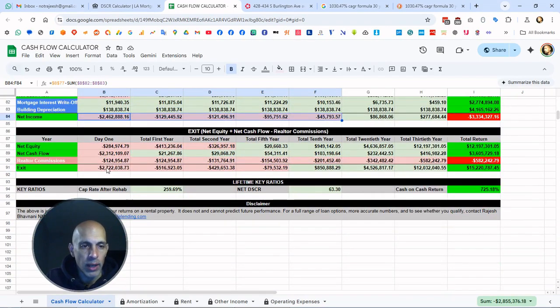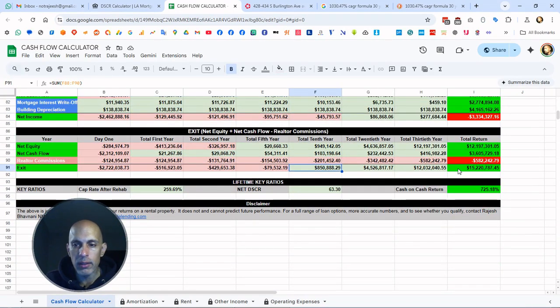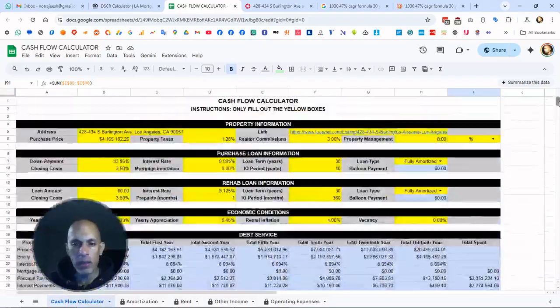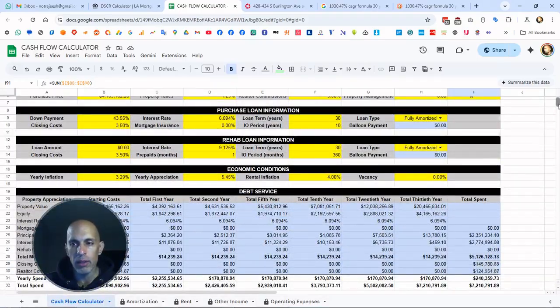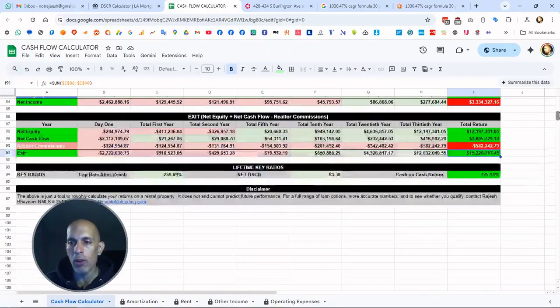And your exit strategy is 15.2 million. You're going to get the sales price minus whatever you put in, plus the cash flow, minus realtor commissions, and you're looking at $15.22 million. Now remember, you pulled out your original cash investment, so you're getting $15 million for free.